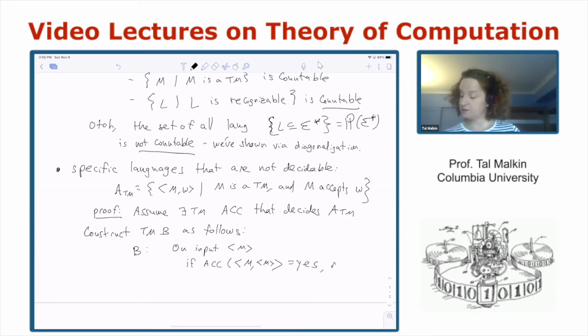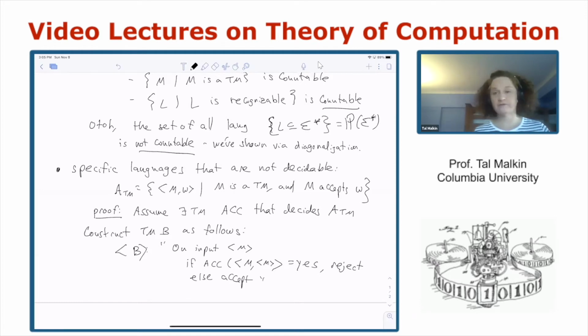If it outputs yes, reject, else accept. If such a decider accept existed as an algorithm, then this would be a valid algorithm.